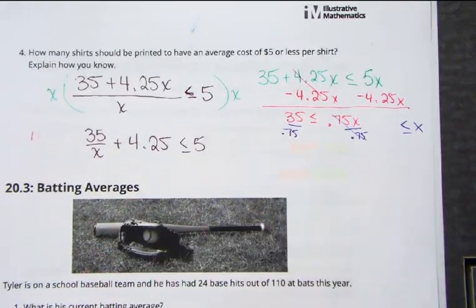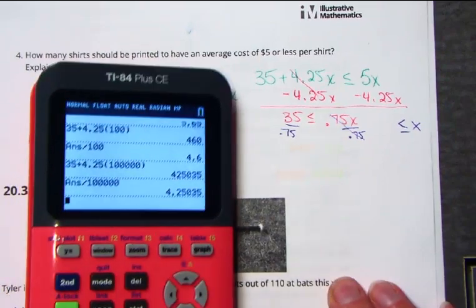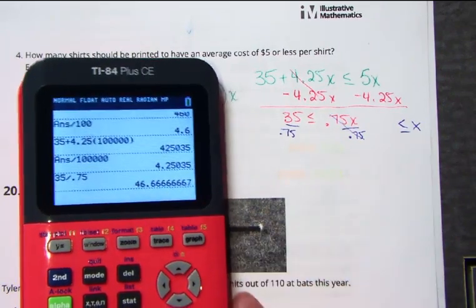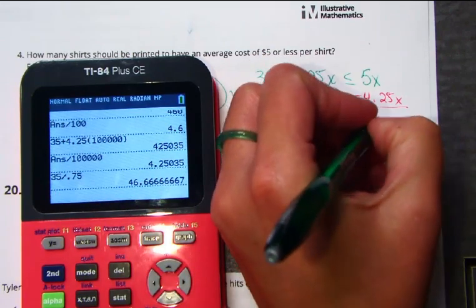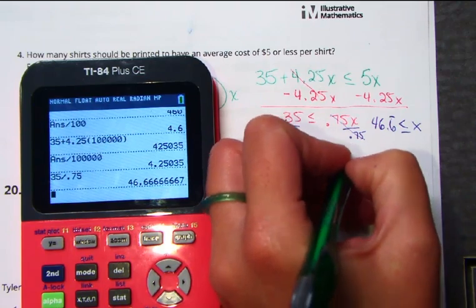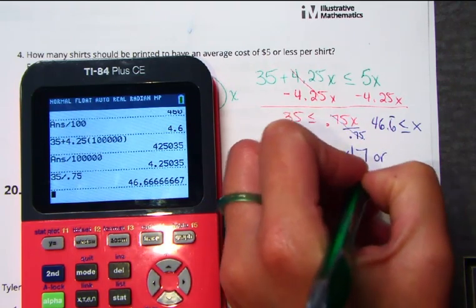Let's see, 35 divided by 0.75. Looks like 46.6 repeating, but I can't order a partial shirt, so we'd have to order 47 or more.